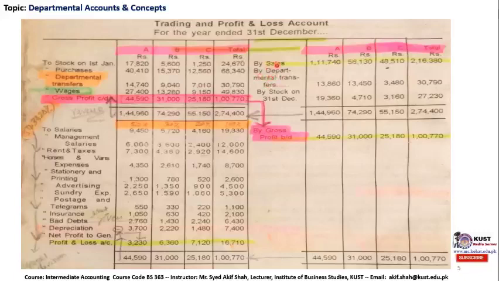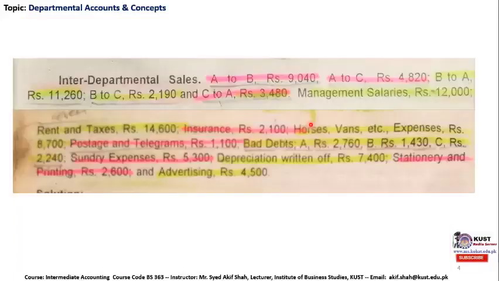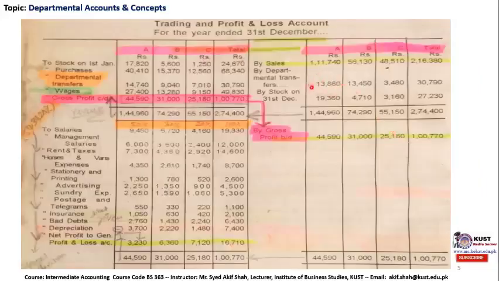Similarly, we have to mention the sales of each department to the others, which are termed departmental transfers. Now let's go back to the question and find out how we calculated 13,860 for Department A. We can see that Department A has sold inventory worth 9,040 to Department B, and it has also sold certain inventory worth rupees 4,820 to Department C. If we add up both these values, the sales of Department A to the other two departments, B and C respectively, we come up with 13,860.